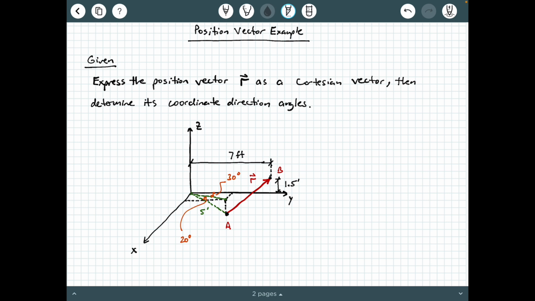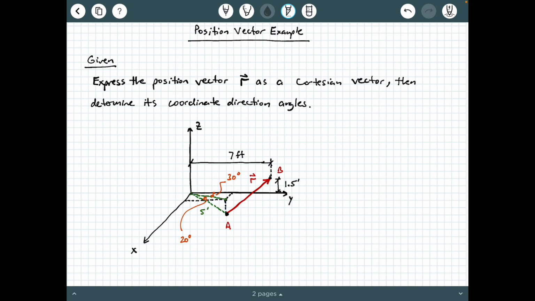Now, that green diagonal line that is sweeping from the origin into the negative Z direction is going to have an angle of 20 degrees. That's what we see here. That's a 20-degree angle, and it's forming this little green right triangle here, all right? And we're going to have to analyze that triangle in a minute.